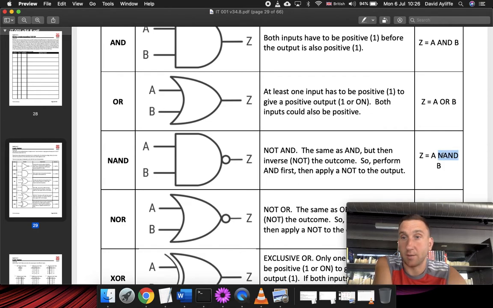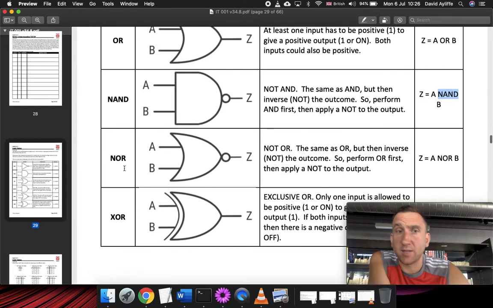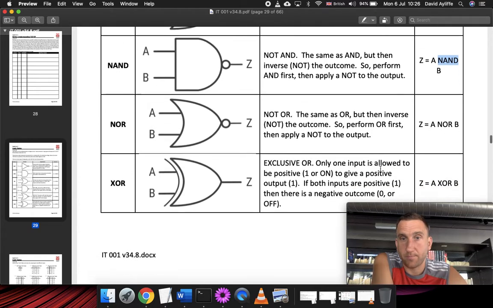So it's not AND, and we can abbreviate that to NAND. And just like we have NAND, we also have NOR, so not OR. So the same as OR, but then we invert the output. So perform the OR operation first, and then apply a NOT to the output.